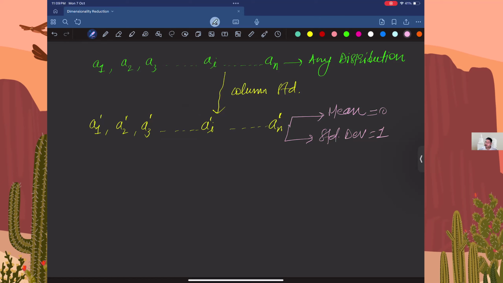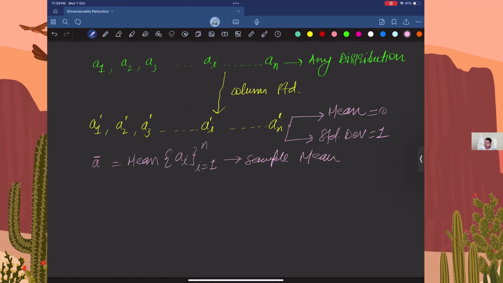One very important thing that you should know, this A bar is basically the mean of AI, where I is equal to 1 to n. And this is my sample mean.